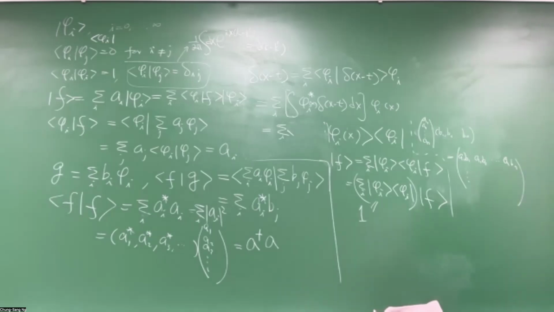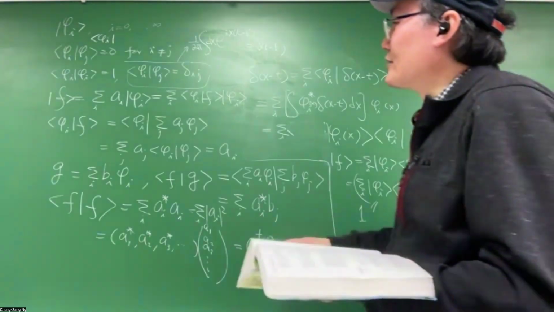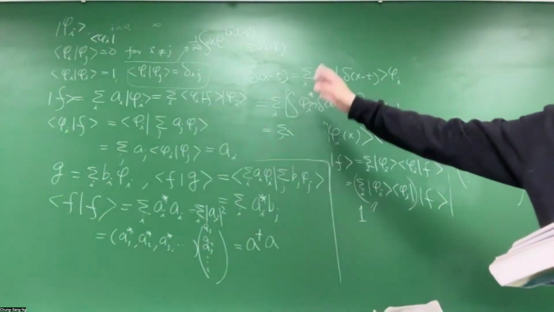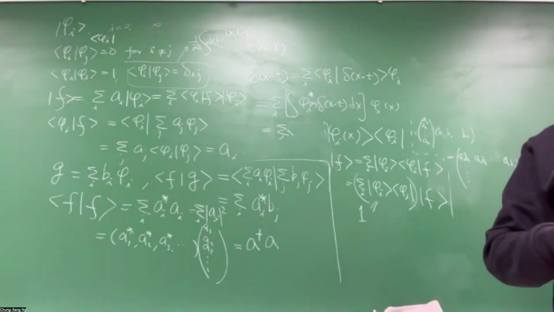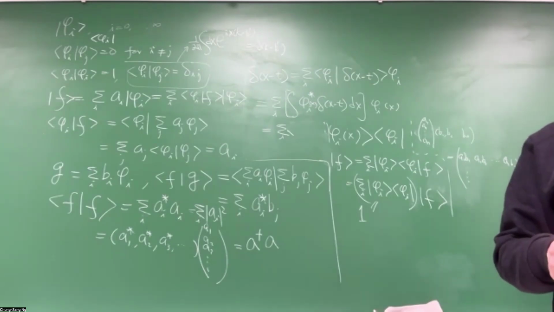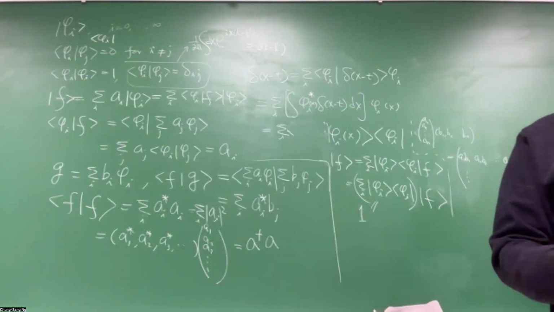This becomes convenient for doing things, but the more rigorous way to derive these expansion formulas is what we did before. Okay. All right. I guess that's the end of section 1. Okay.